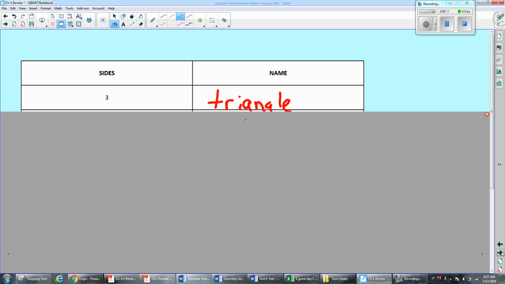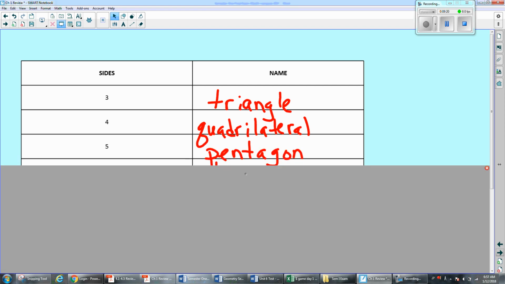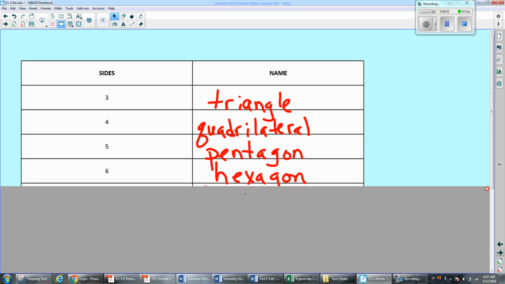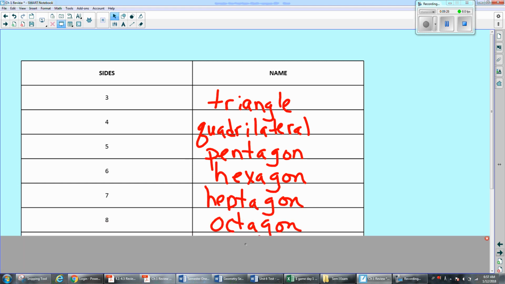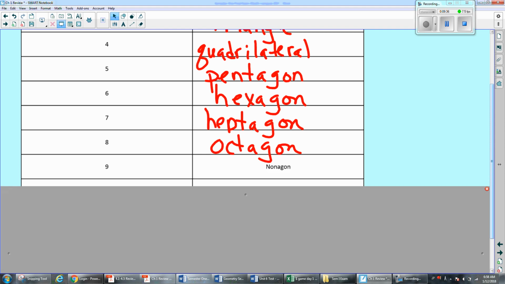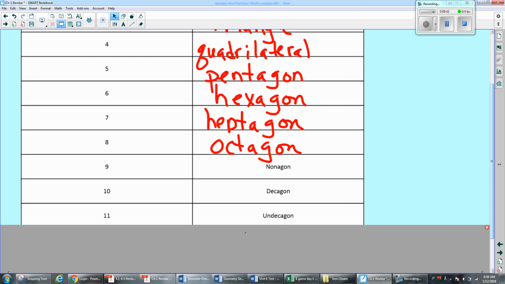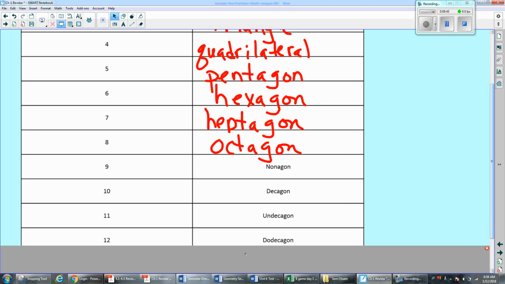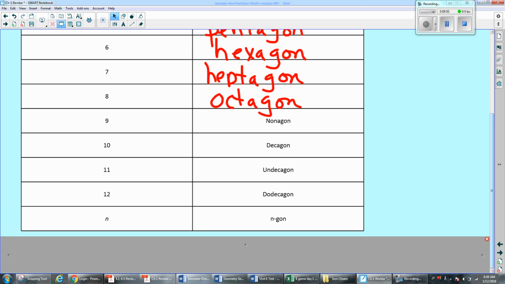Okay, here's an important table. 3 sides is a triangle, 4 sides is a quadrilateral, 5 sides is a pentagon, 6 sides is a hexagon, 7 sides is a heptagon, 8 is an octagon, 9 is a nonagon, 10 is a decagon, 11 is what we call an undecagon, 12 is a dodecagon, and when you get to anything bigger than 12, we just use the value n and say it's an n-gon.